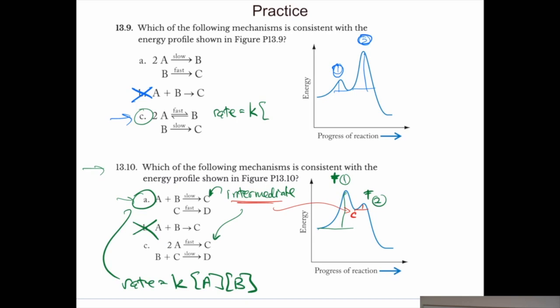So what's the rate law of the slow step? B, and that's it, right? We can't use it if it has an intermediate. That's right. That's the problem. So that can't be the rate law, even though in this proposed mechanism, that's the slow step, all right?